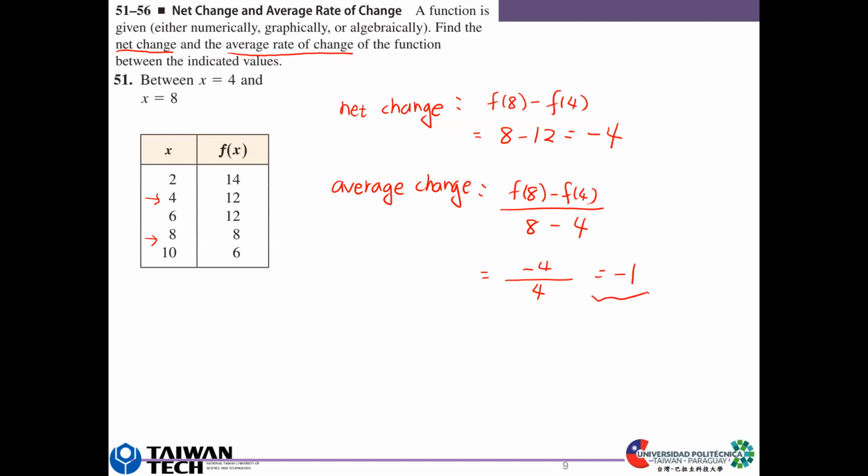So average change can also be defined by the slope, if it is a linear function.